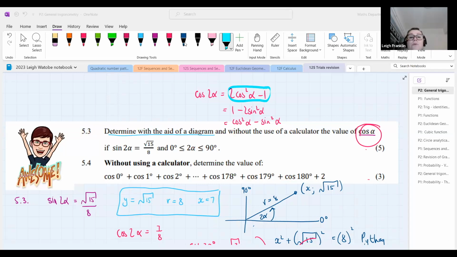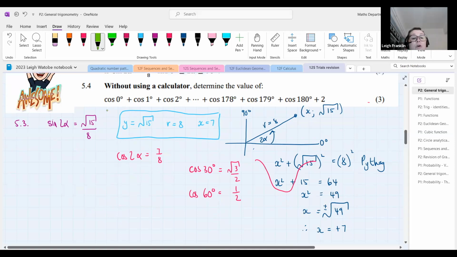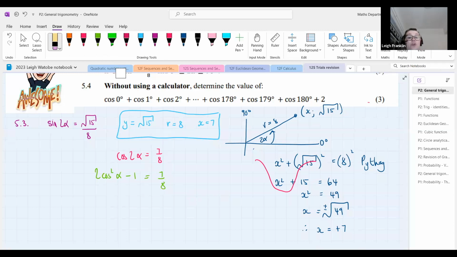So what we want to do here is rewrite cos 2 alpha as 2 cos squared alpha minus 1. That's the twist. And now we are going to solve for cos alpha. We've got to take the 1 over to the other side.